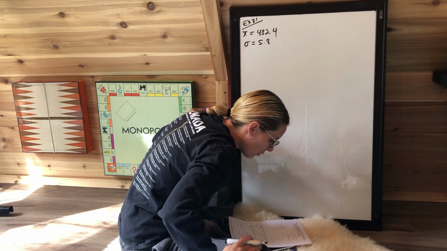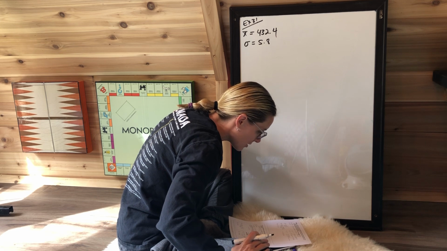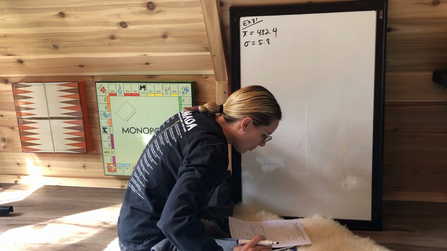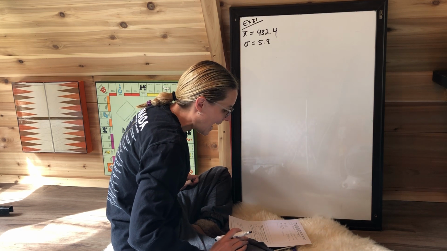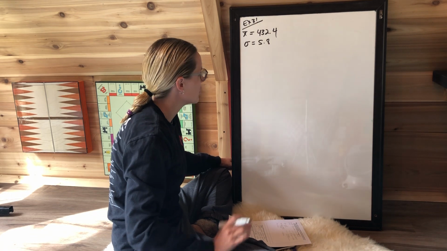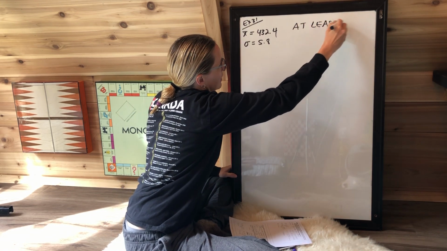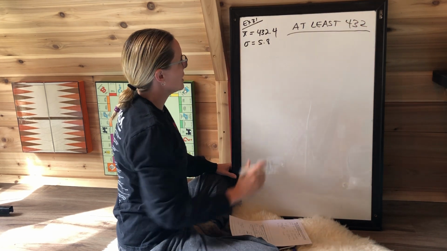Packages with fewer than 420 nuts or more than 445 nuts will be rejected. Fine. What's the probability that a package selected at random has at least 432 nuts? What does at least 432 mean?